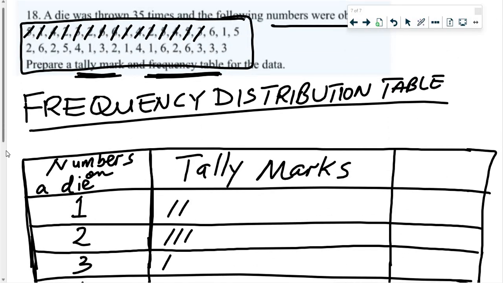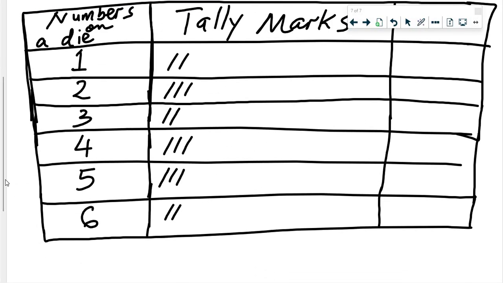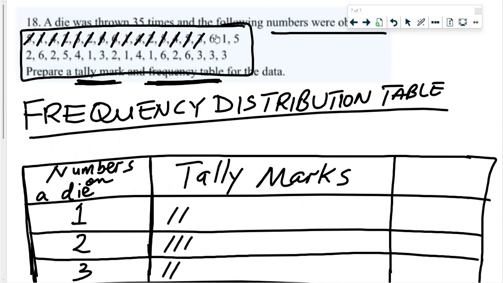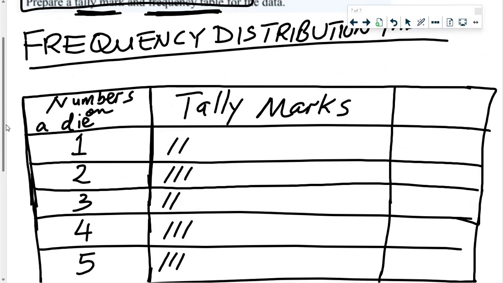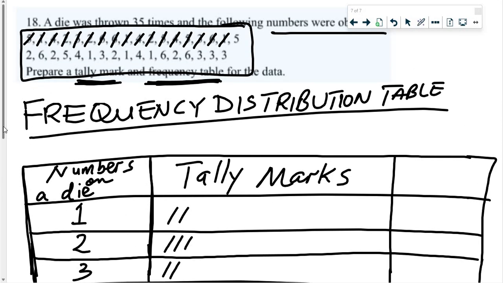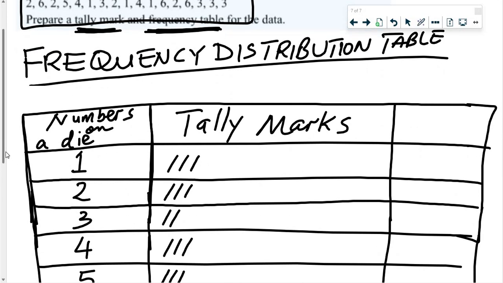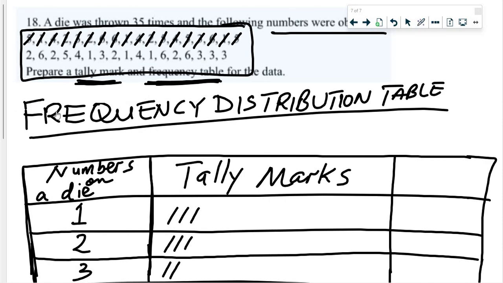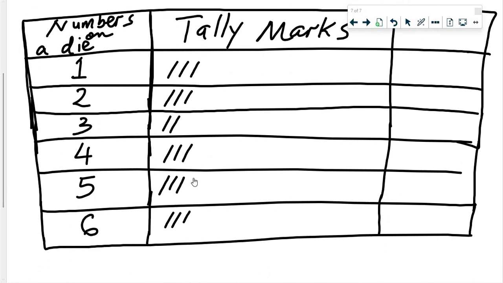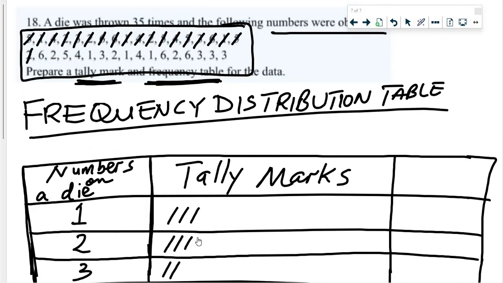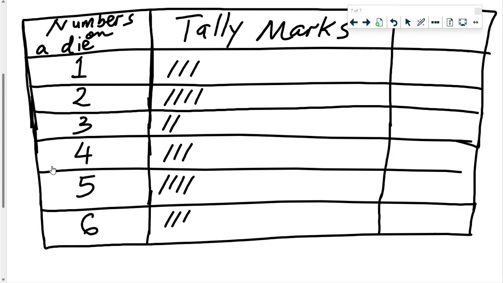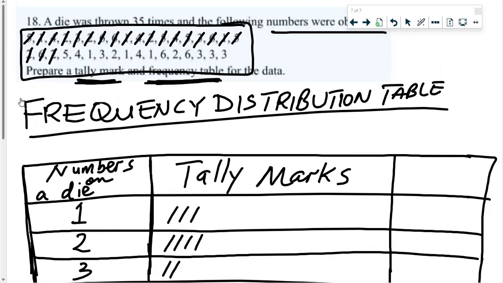You have 3, record it here. 6, record it here. 1, record it here. 5, keep it here. 2, record it here. 6, put it here. 2 again. This time for a 2, you form a bundle of 5.